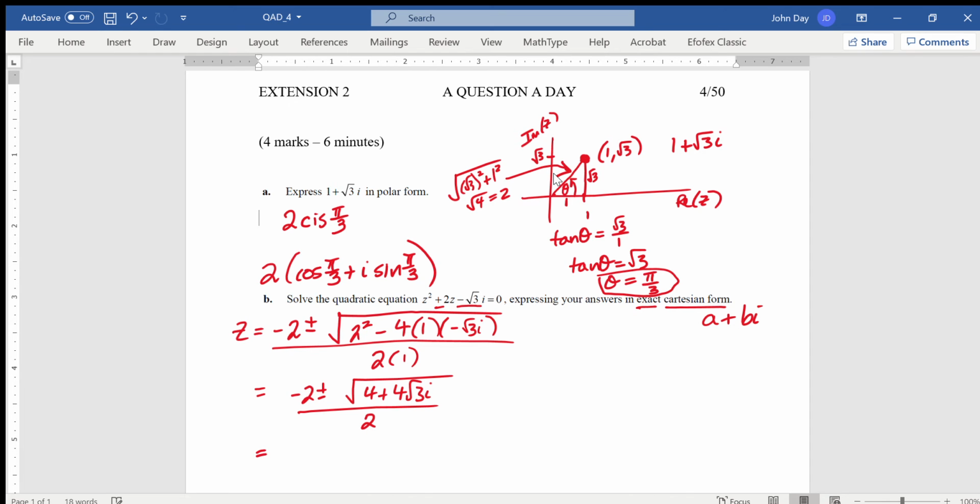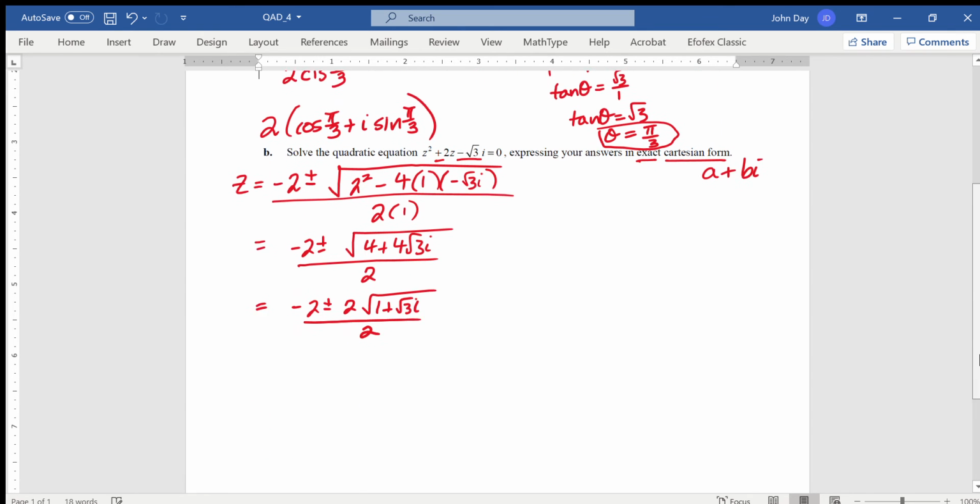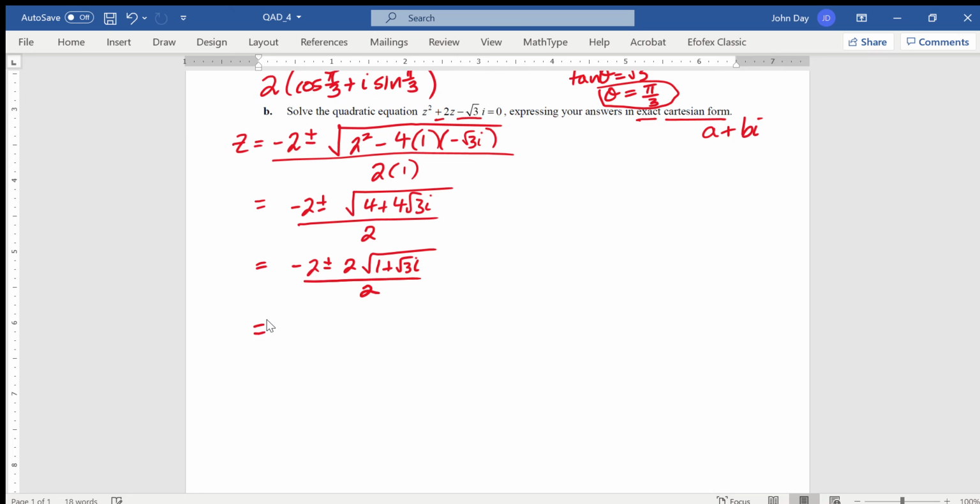That 4 under the square root sign can be factorised and brought out of the square root sign to become a 2. Root 3i on 2. Just scroll down, get a bit of room there. And we factorise out that 2: minus 1 plus or minus root of (1 plus root 3i). Now we need to express that in the form a plus bi.